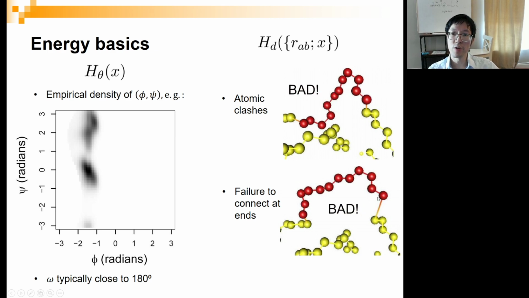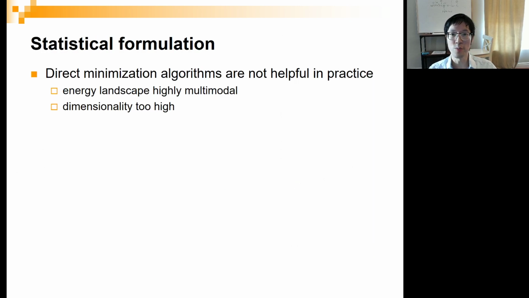So the role of the energy function would be to eliminate conformations like these. So this gives you a sense of how the energy function works to separate plausible atomic spatial conformations from ones that are not good. Of course, the energy function does a lot more than that, but simply put, that's enough intuition for our purposes here.